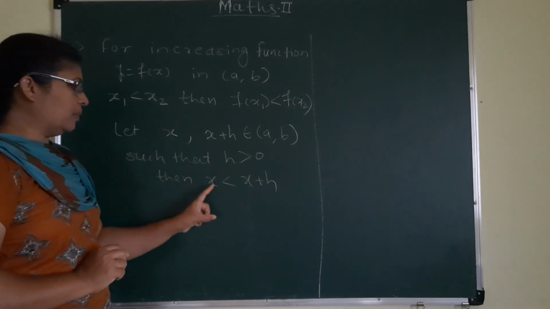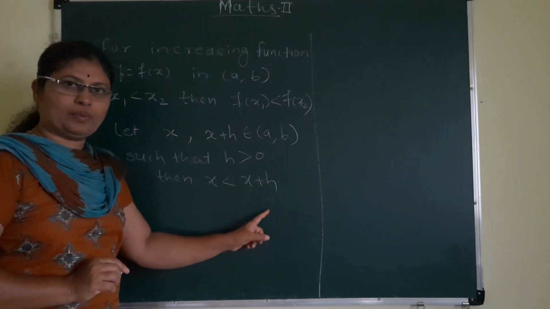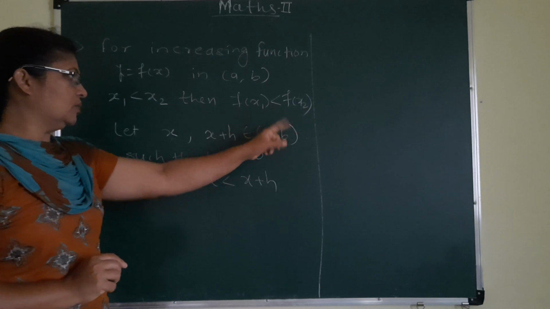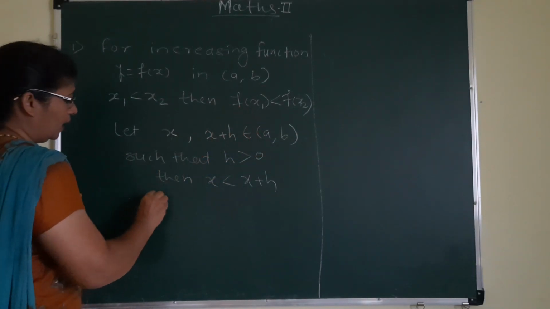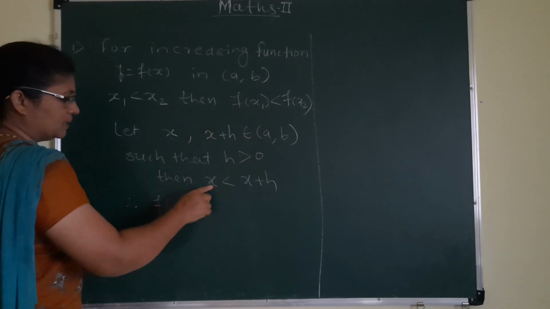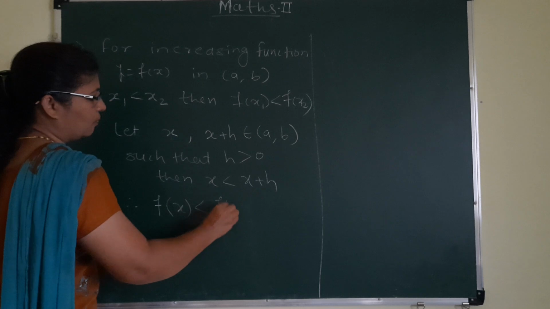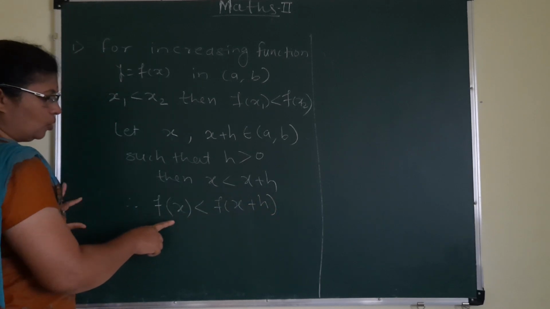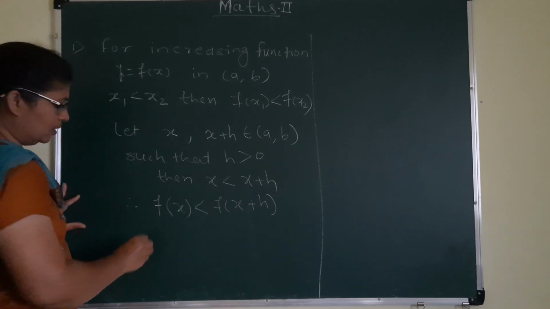Therefore using this meaning, f of x1 is replaced by f of x, which is less than f of x2 replaced by f of x plus h. So f of x is less than f of x plus h, right?